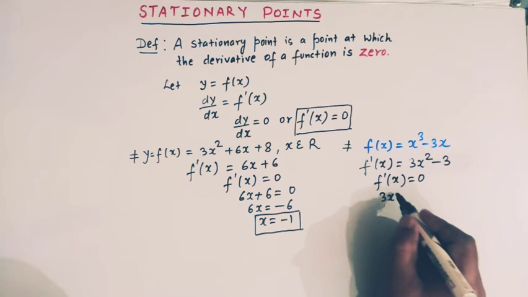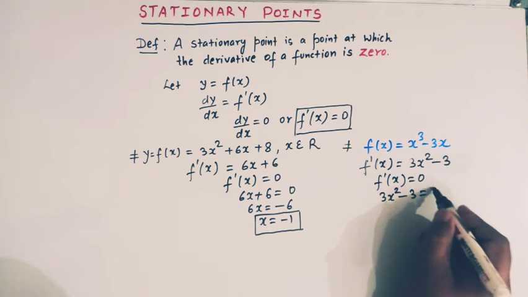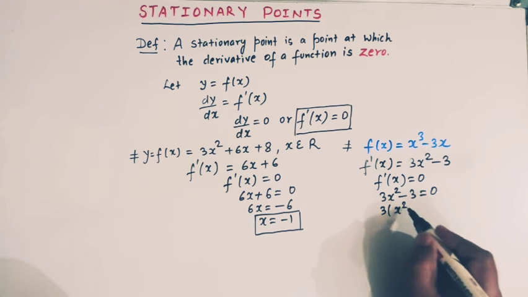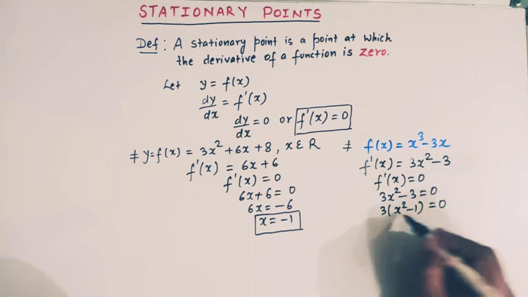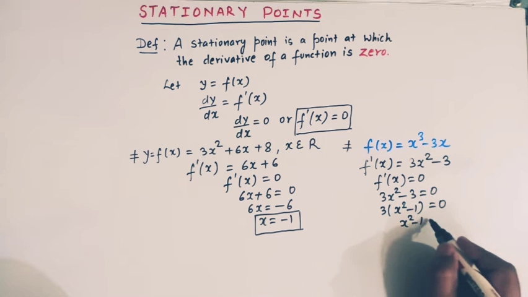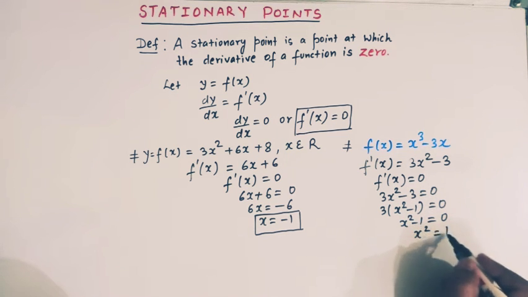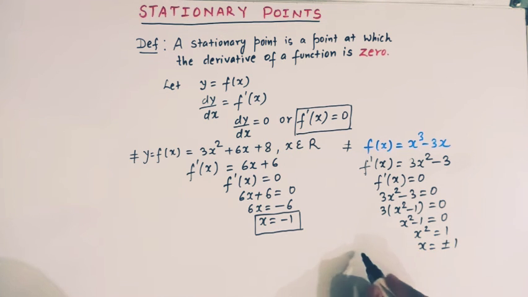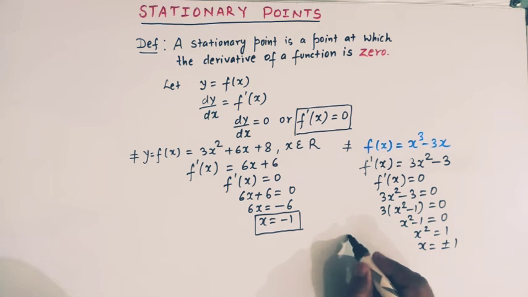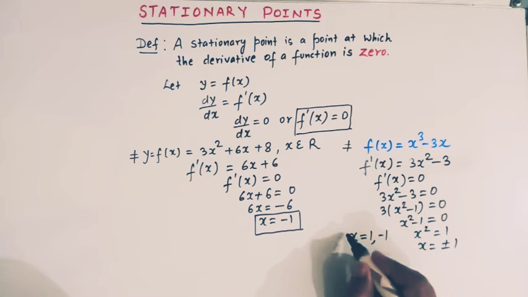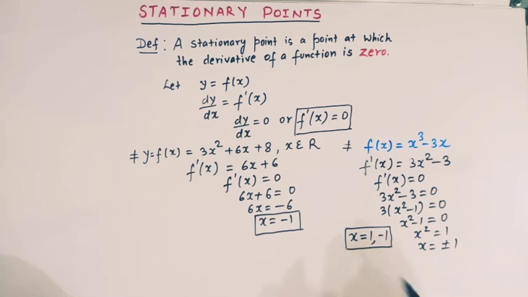So 3x square minus 3 is equal to 0. So if we solve it, then x square minus 1 is equal to 0, and x square is equal to 1. So x is equal to plus minus 1. So here in this case, the stationary points are x equal to 1 and minus 1, right?